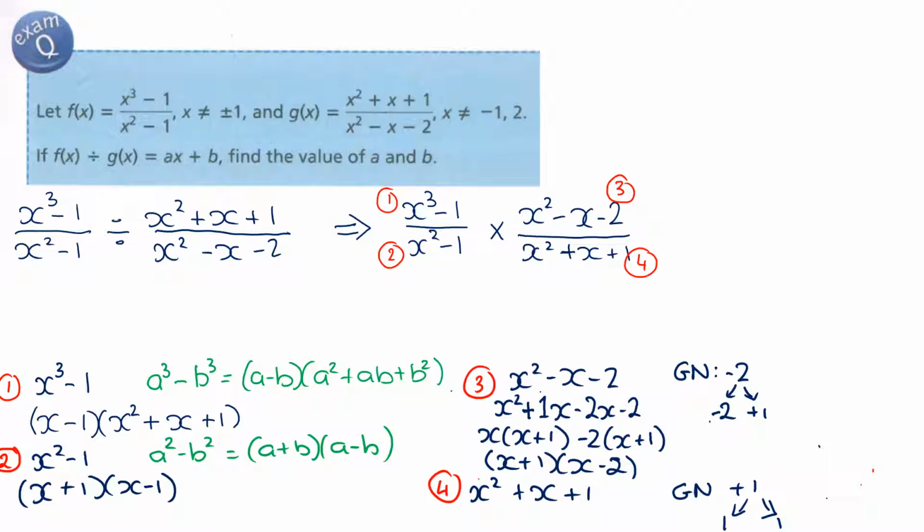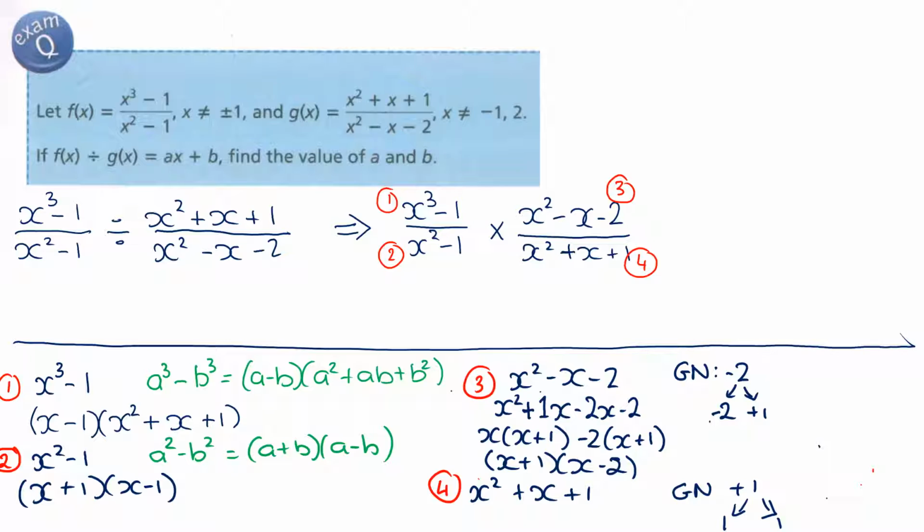But that's okay. So I'm just going to put in a line here. So let's go back. So 1, we're going to write it as x minus 1, x squared plus x plus 1.